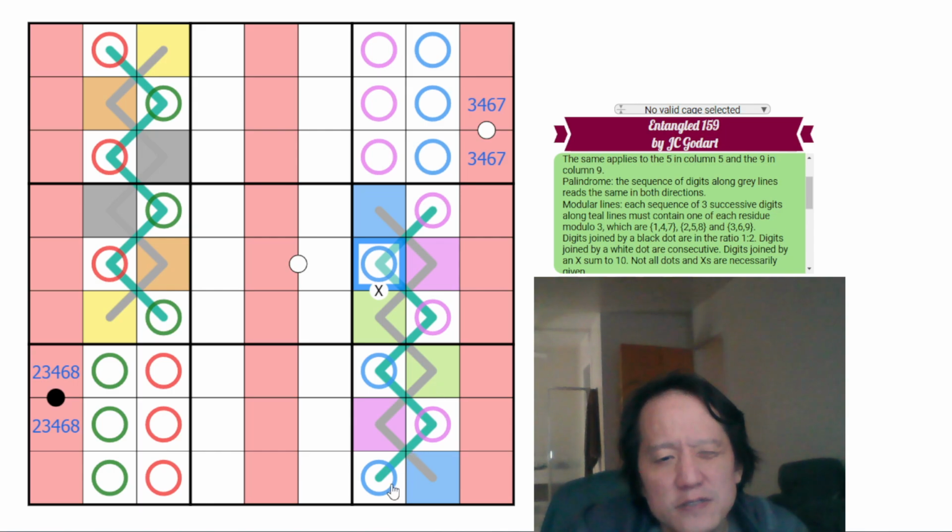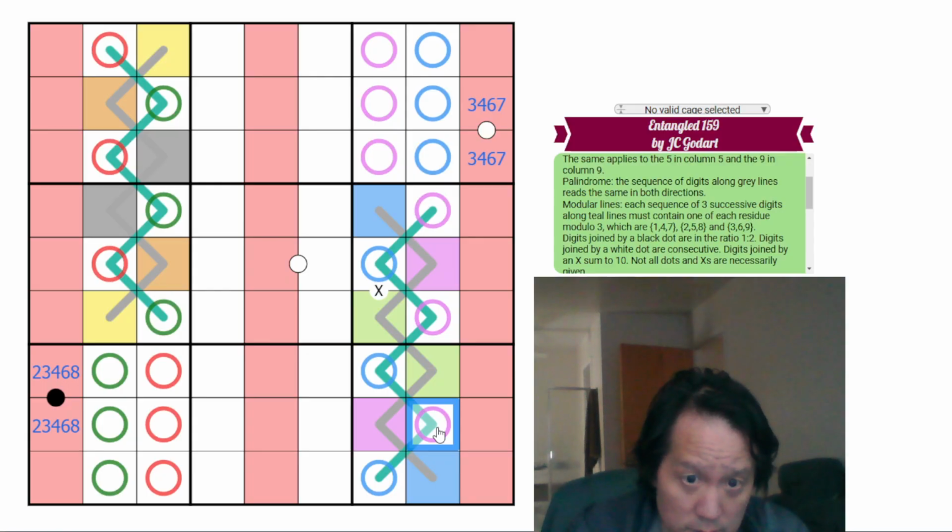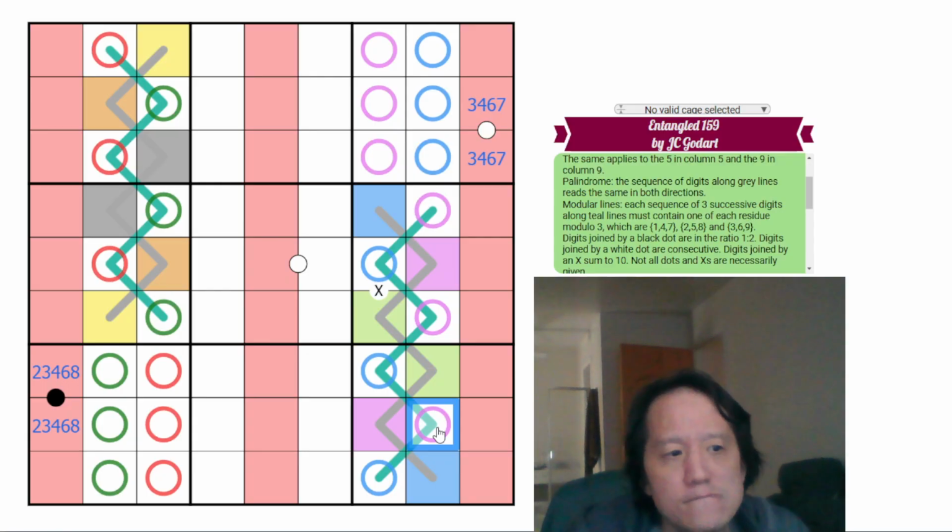This is the same modularity as that one, right? This is the same modularity as that one. Right, so that's the same modularity as that. This is the same modularity as that.